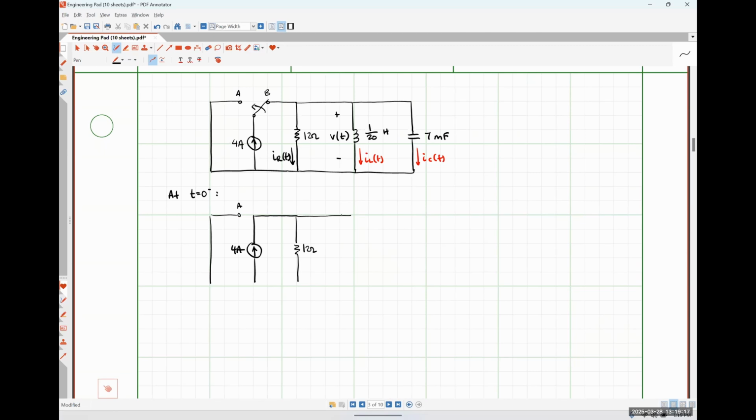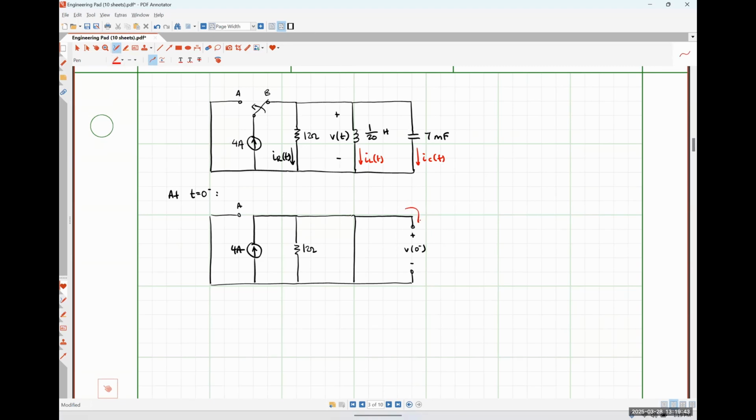What is our inductor going to look like at 0 minus? Short circuit. What's our capacitor going to look like at 0 minus? An open circuit. Great job. So I'm going to call this voltage right here V of 0 minus.